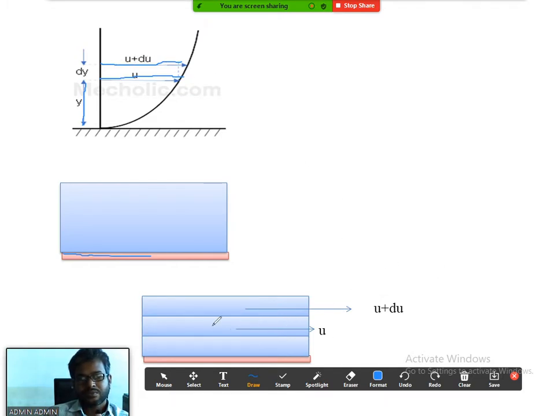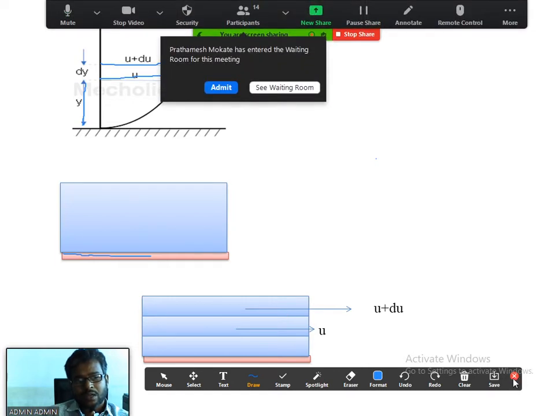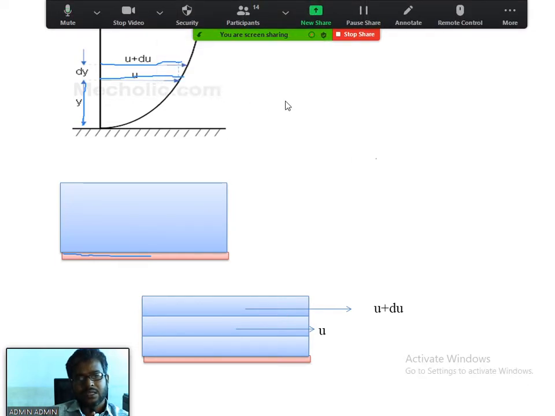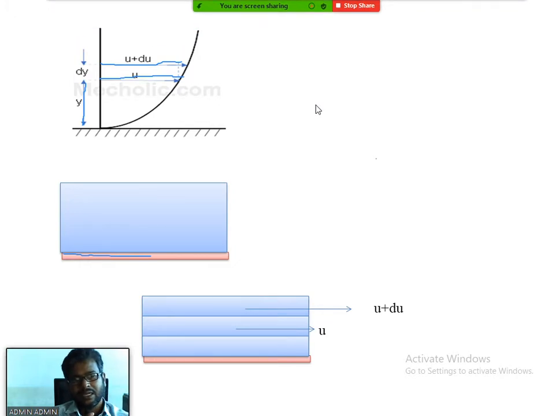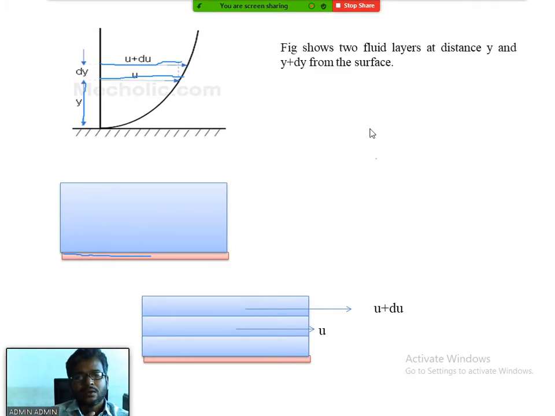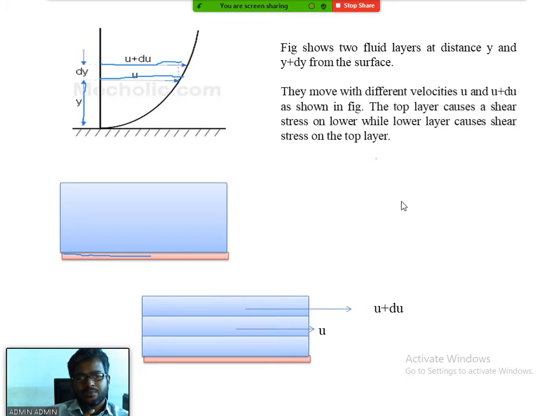Meaning the first layer flows with velocity u, and the upper layer flows with velocity u plus du. So it means there are different velocities of flow for different layers.